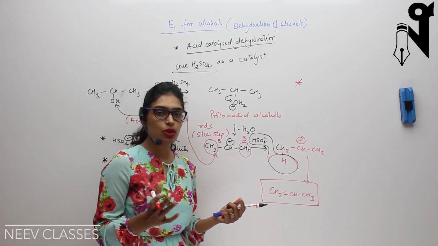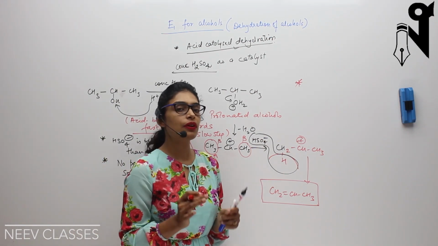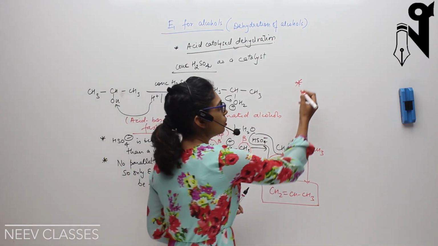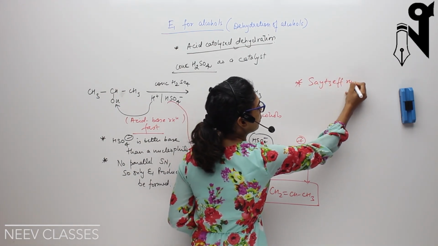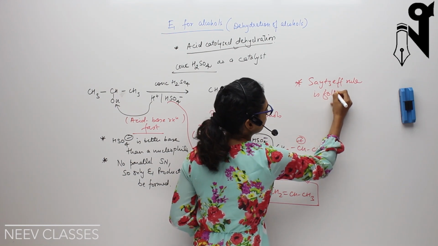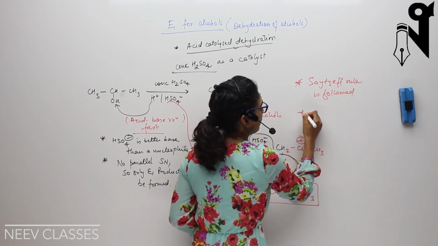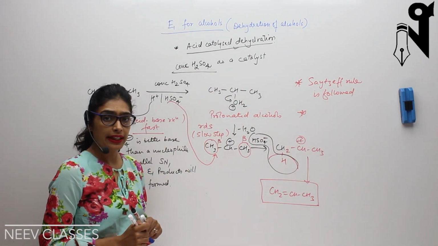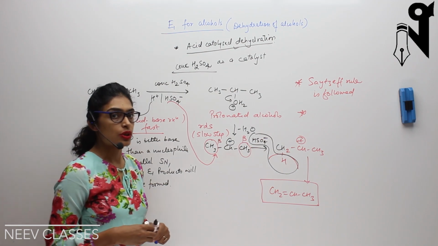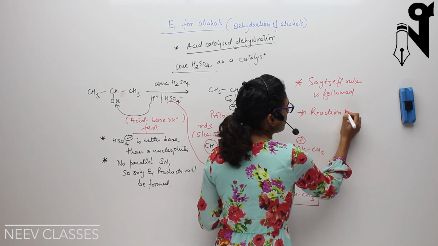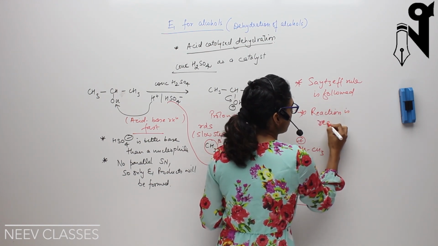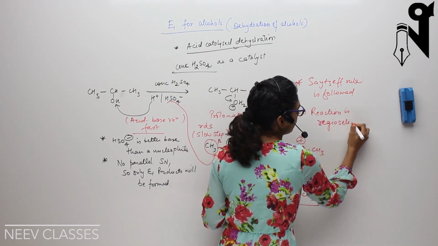But in other cases where the chain is not symmetric, you will specifically follow Saytzeff rule. So Saytzeff rule is followed, and second, the reaction is going to be regioselective.